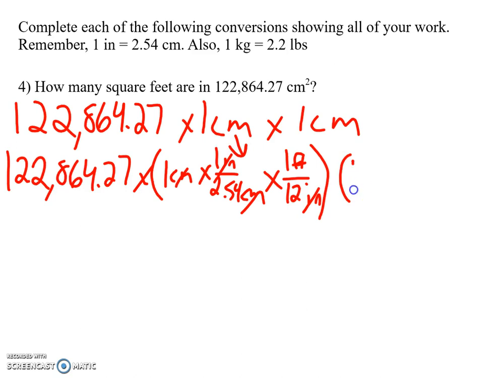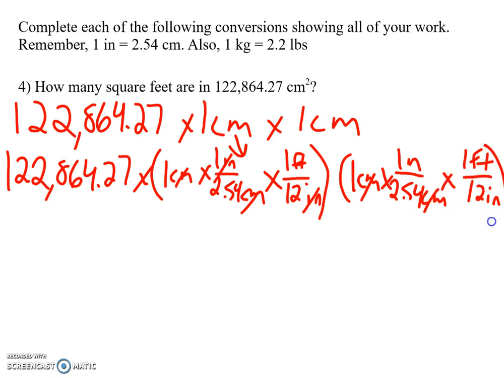So I need to do 1 centimeter. Again, that's 1 inch for 2.5400 centimeters, to cancel those centimeters, and then I know that again, that's 1 foot or 12 inches. And there goes my inches.